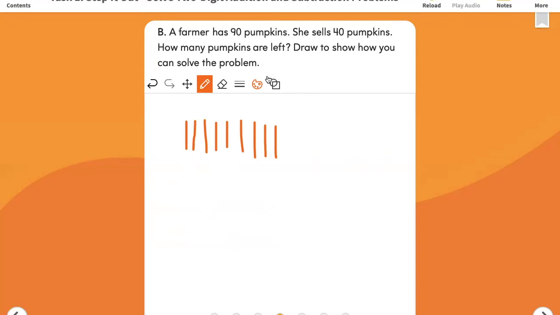We know that she sells 40 pumpkins. So let's circle 4 groups of 10. 1, 2, 3, 4. And we'll cross them out. Now we are left with 1, 2, 3, 4, 5 groups of 10, which is the same as 50.